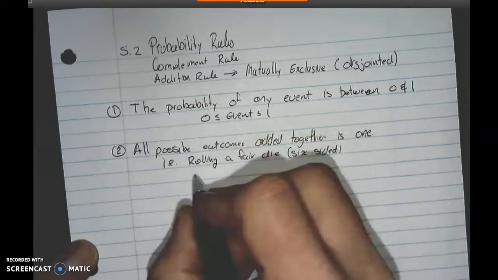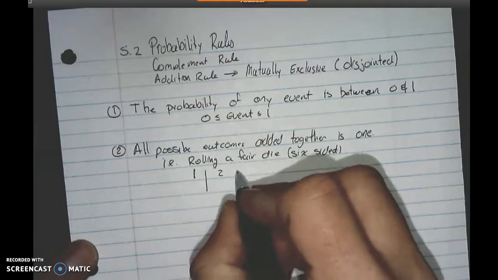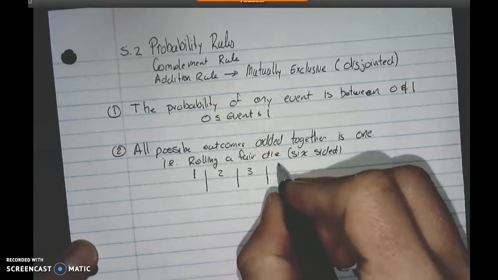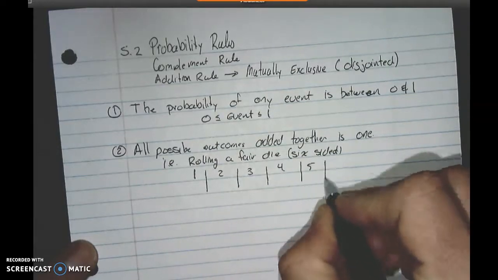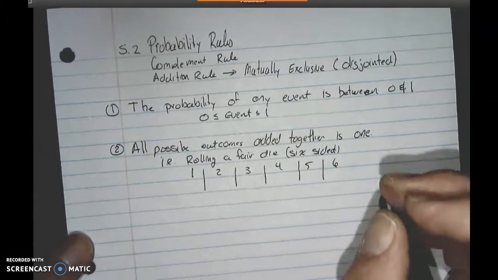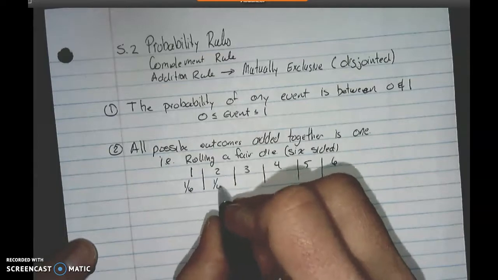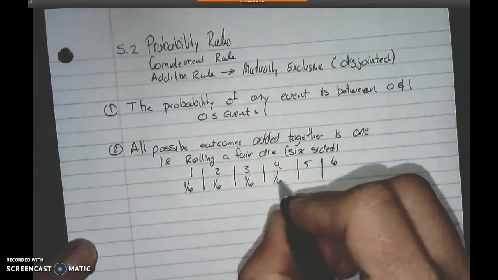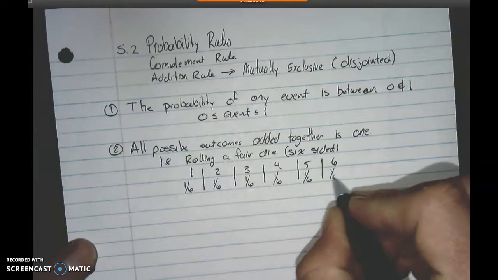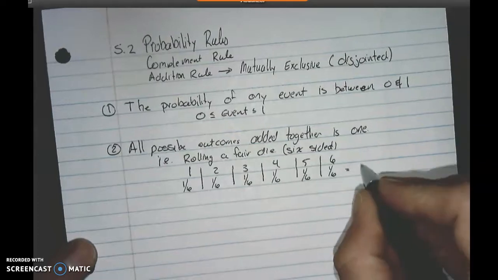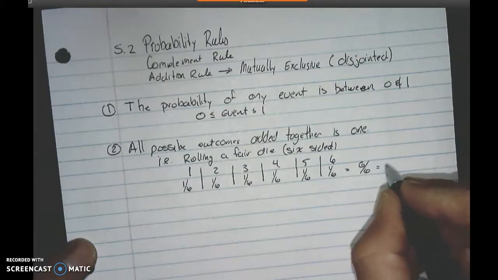Our outcomes are going to be 1, 2, 3, 4, 5, and 6. And we also know that the probability of each one is 1/6, 1/6, 1/6, 1/6, 1/6, and 1/6. Now adding those together gives us 6 out of 6, which is 1.